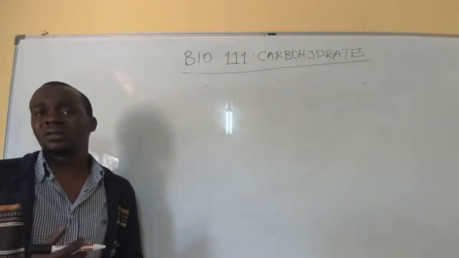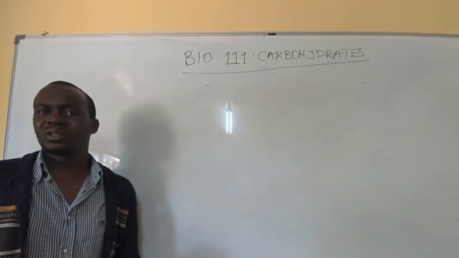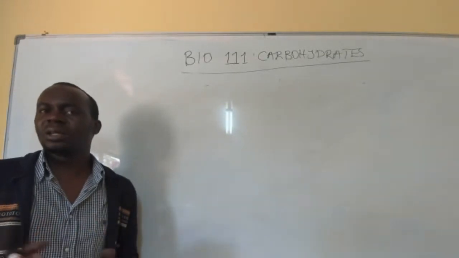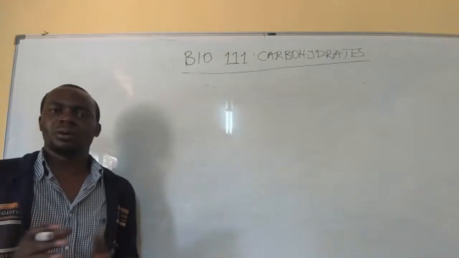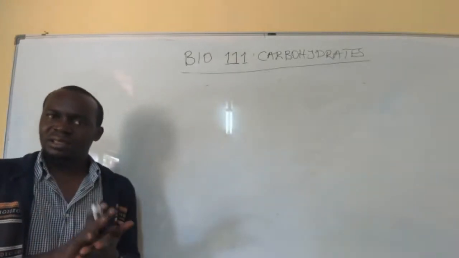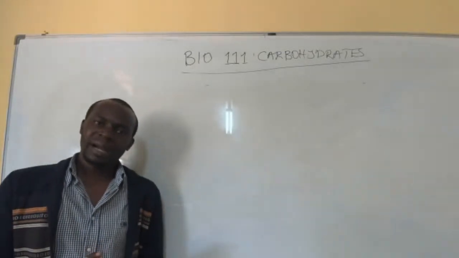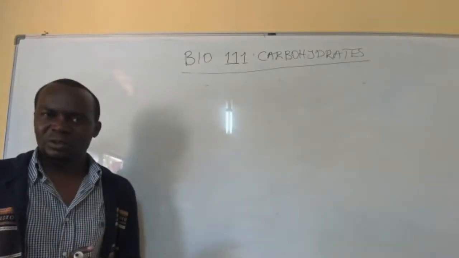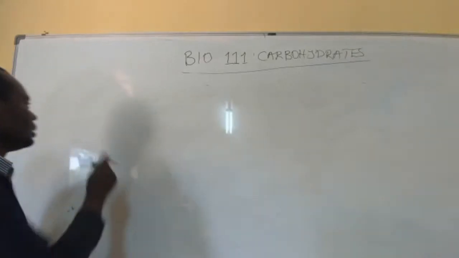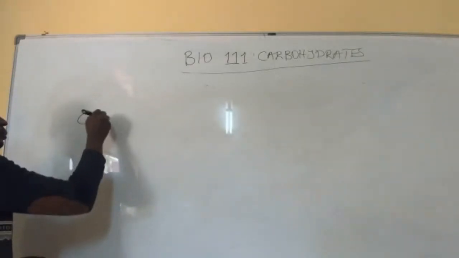So when you look at these functional groups, they are basically responsible for the majority, if not all, of the chemical reactions that these carbohydrates undergo. So now, the functional groups for carbohydrates are actually carbonyl groups.